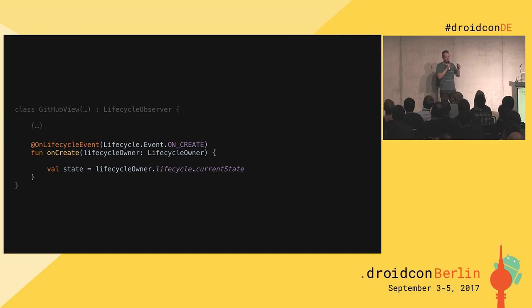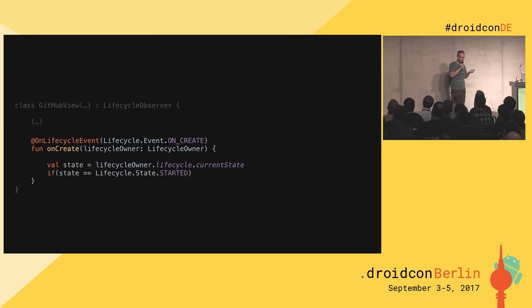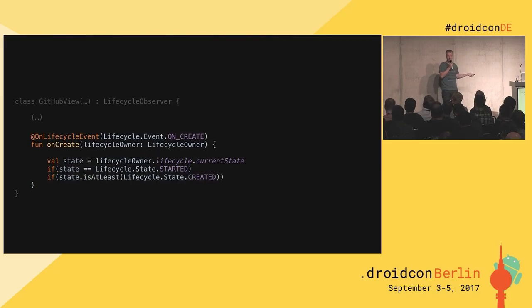So the lifecycle enables you to check what the current state is actually. And you can either check directly, like here, if it's started, or you can say if it's at least created. So this would be true for created, of course, but also for started and resumed.